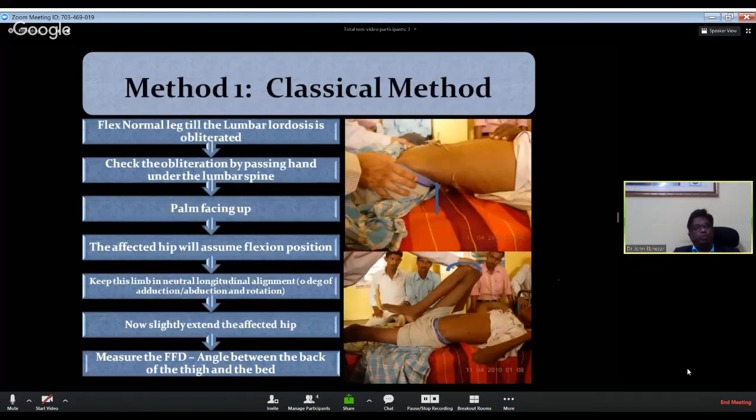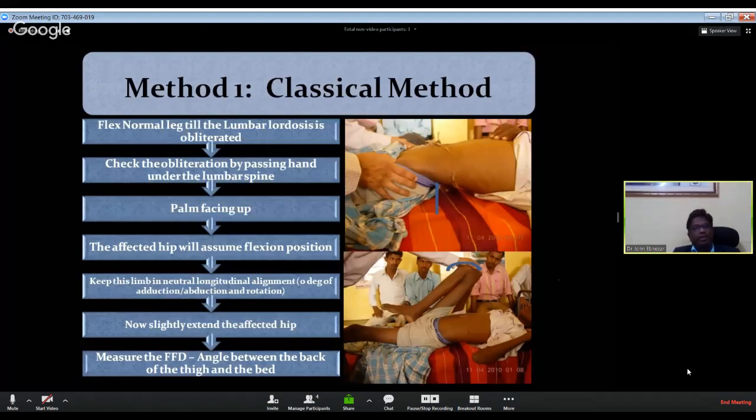I hope you understood this perfectly. Once the hip assumes the flexion position, you keep the limb in the neutral longitudinal alignment, and then slightly extend the affected hip because you might have overdone it.